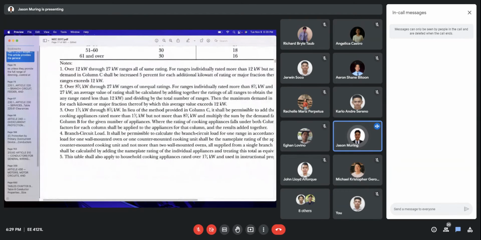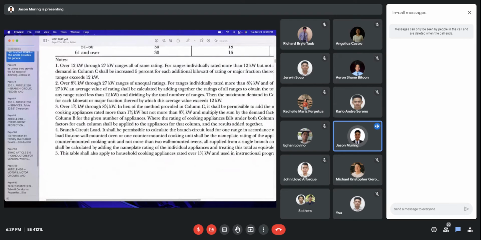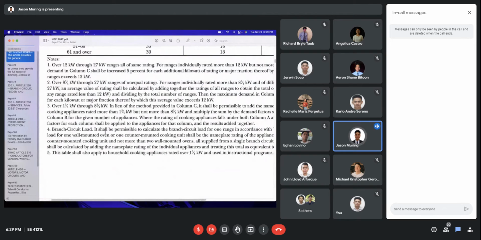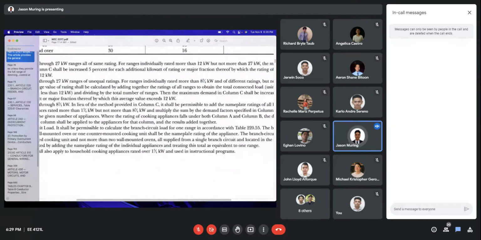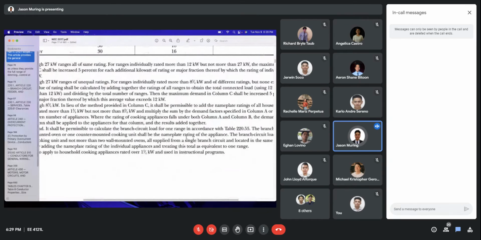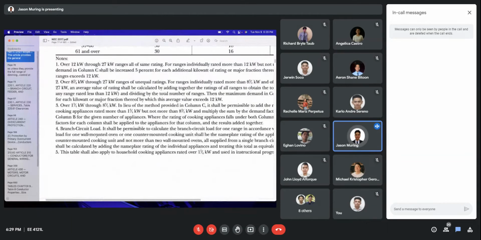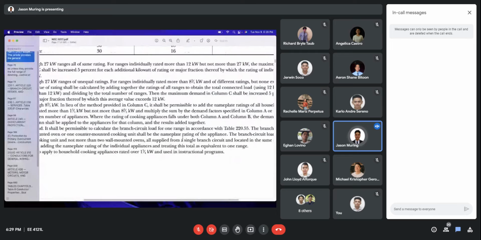But if you read this through, you see here in note number 4, branch circuit load, it shall be permissible to calculate the branch circuit load for one range using this 220.55. Then the branch circuit load for one wall-mounted oven or countertop unit shall be the nameplate rating of the appliance.